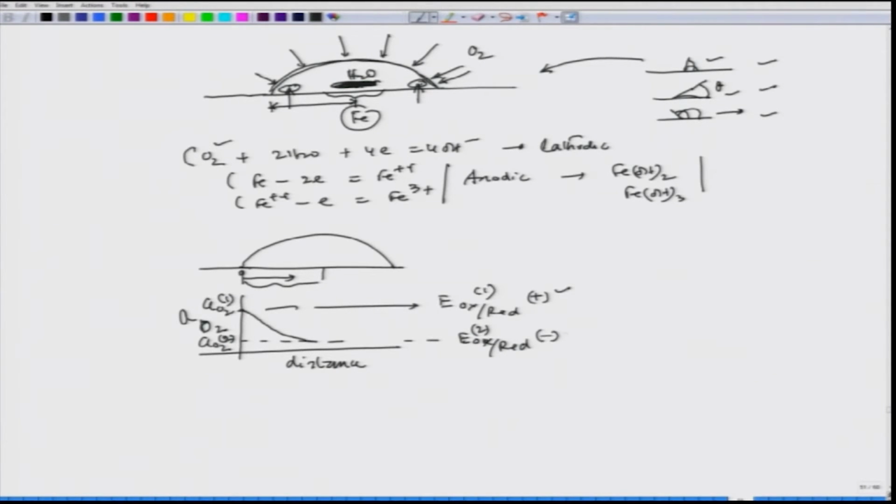So, this becomes positive, this becomes negative, or this becomes cathodic and this becomes anodic. So, finally, here we have anodic reaction and here we have cathodic reaction, and we must say that these are predominantly cathodic and here we have predominantly anodic reactions.